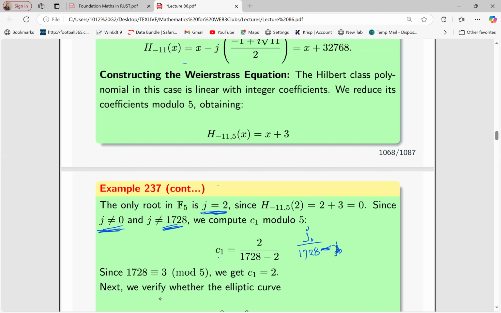J naught in our case is 2, so it's 2 out of this. This number you can reduce mod 5 because it's bigger, so it is 3. So it's 2 out of 3 minus 2, which is just 2. So our C1 is 2.